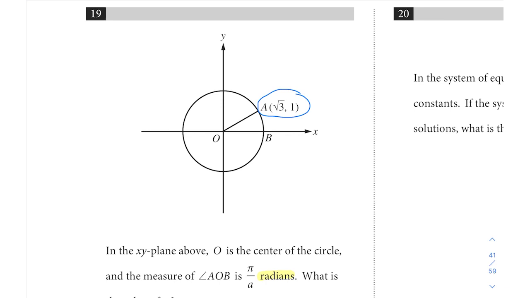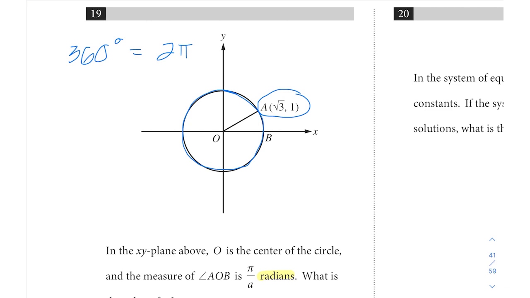We can relate radians in a circle to degrees with this relationship here: 360 degrees is equivalent to 2 pi in terms of radians. Another way of thinking of that is that 360 degrees would be all the way around a circle.